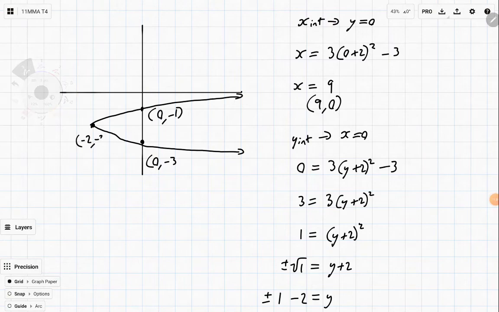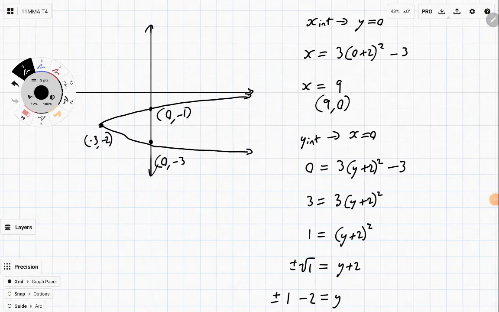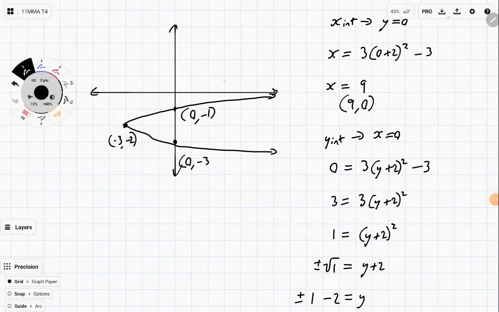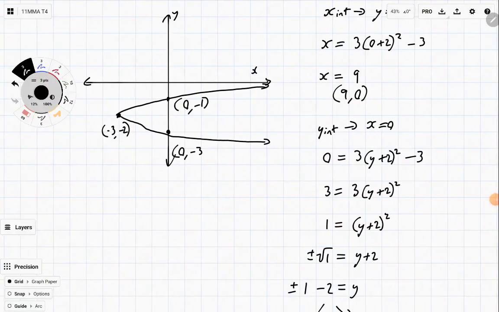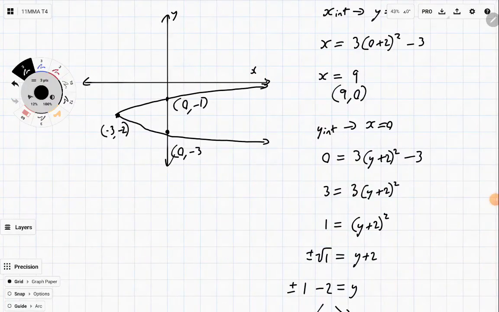(Negative 3, negative 2). And that is our full graph. So just label my x and y axes. Are all fine. If I was going to redraw this, I'd probably make sure that I can actually see my y-intercept, my x-intercept (9, 0). But just due to the way I've set up the axes, it's not going to fit.